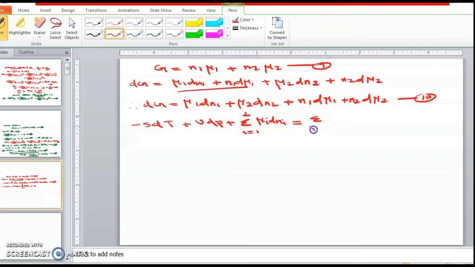So sigma i equal to 1 to 2 mu i dn i plus the sum of these two terms. How can we write sigma i equal to 1 to 2 n i d mu i?